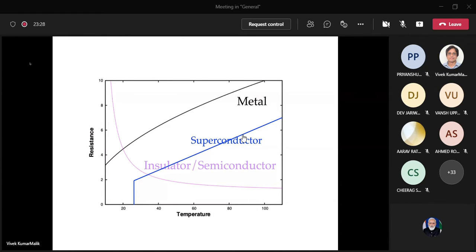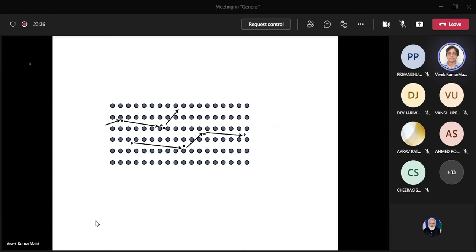But okay, so this is one of the applications. But again, I come back: how can you measure that the conductivity is infinite? As I told you, in the normal case there is scattering from the vibrations of the background ions or atoms in the solids.